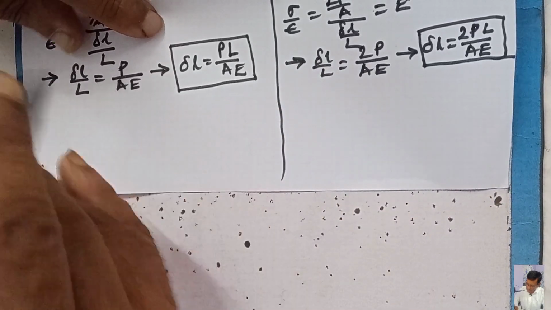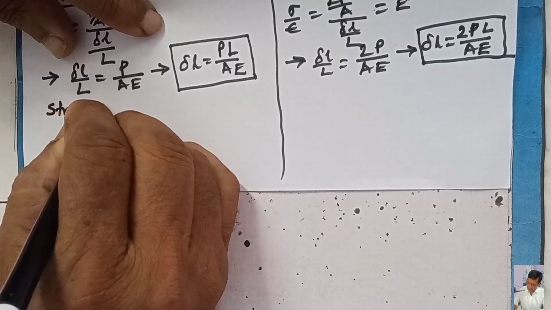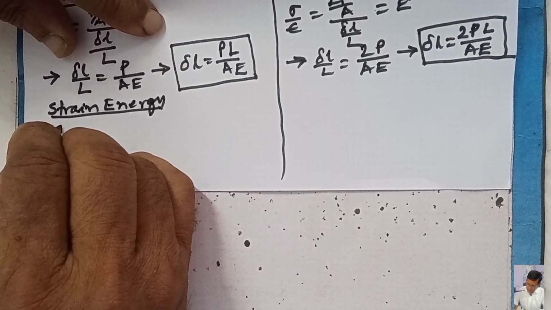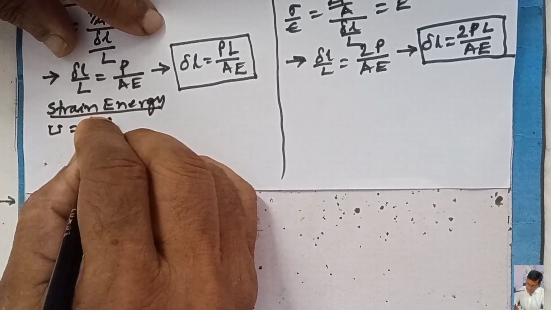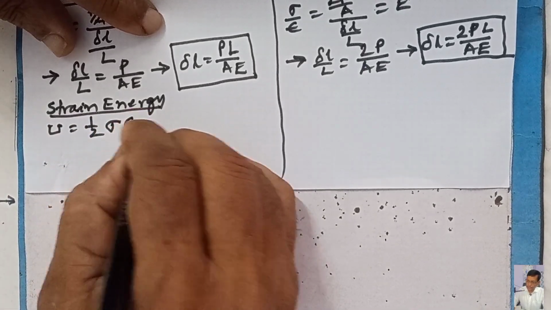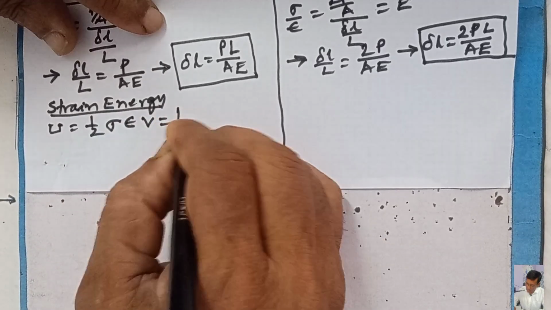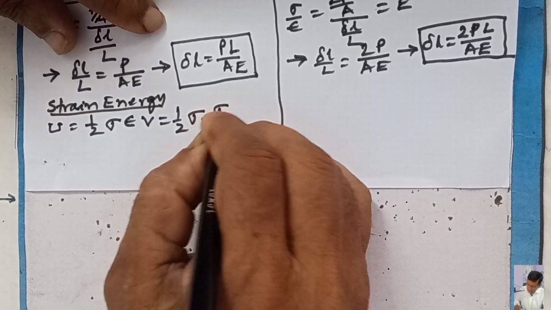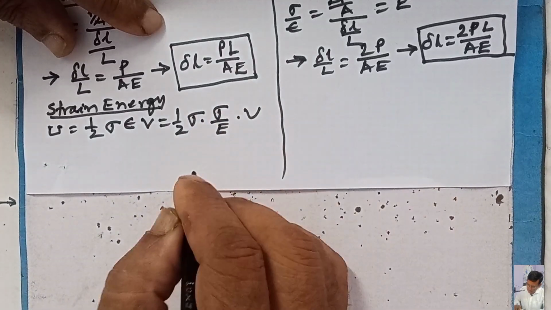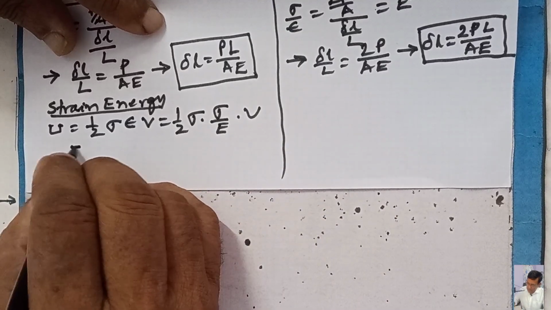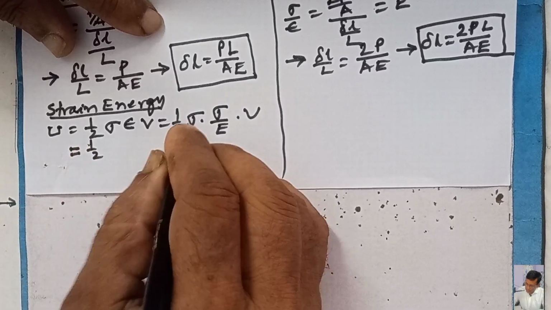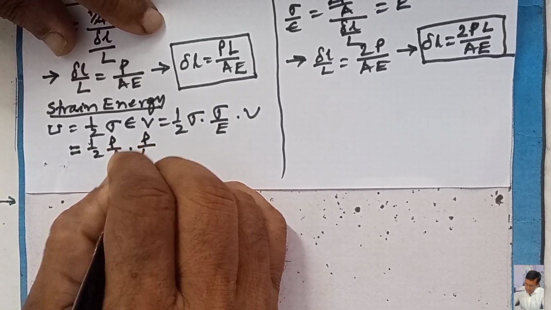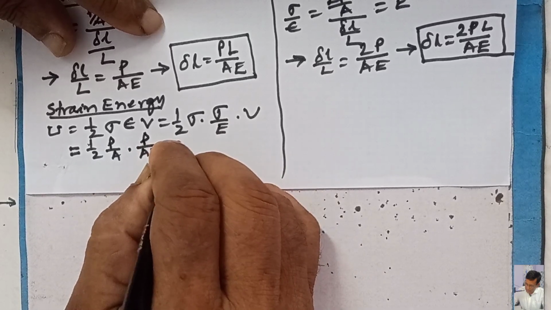Now strain energy U is equal to half sigma epsilon V. We can write half sigma stress, epsilon strain, and we can replace epsilon by sigma by E, into V. Is equal to half, P by A, sigma is equal to P by A, into P by AE, into AL.